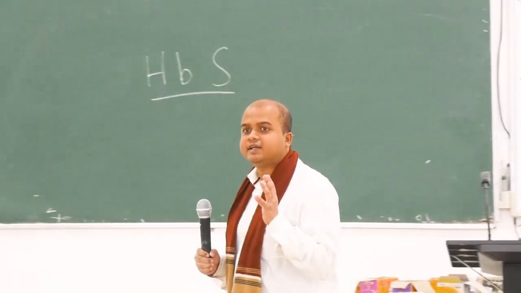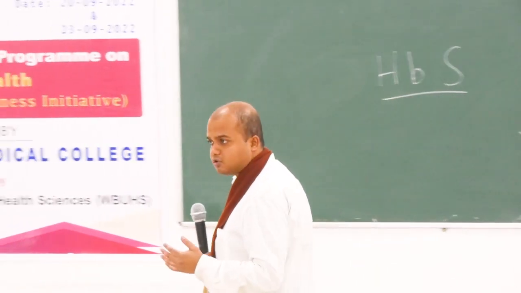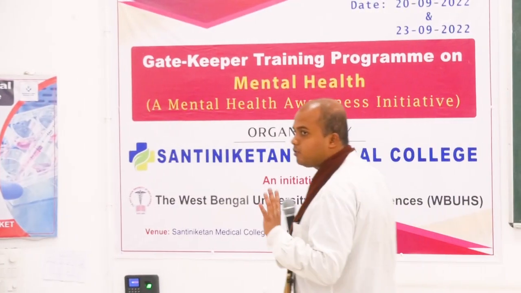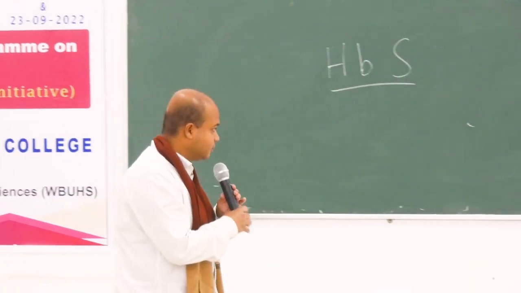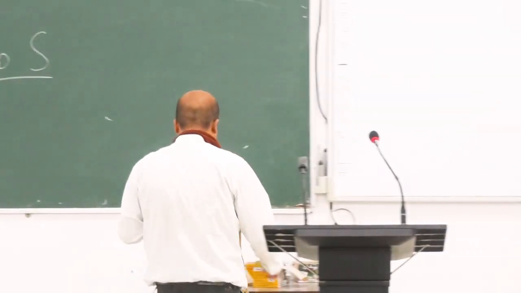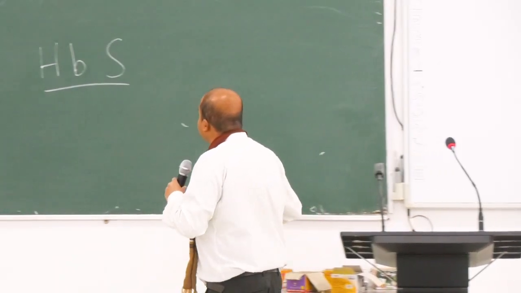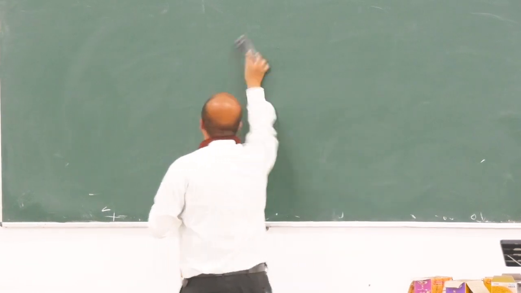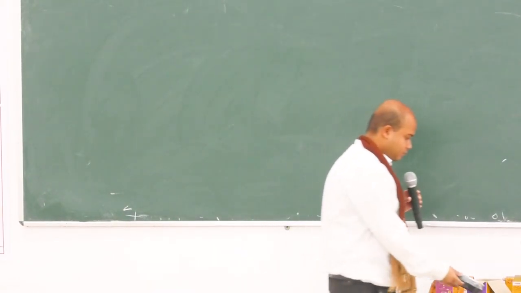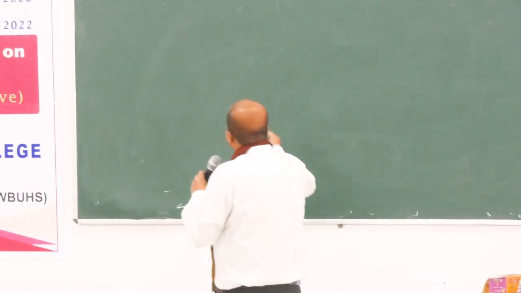So this is one of the hemoglobinopathies, that is, a structural defect, and there are thousands of others. One important one is sickle cell disease, or sickle cell anemia. Thalassemias we also speak of.